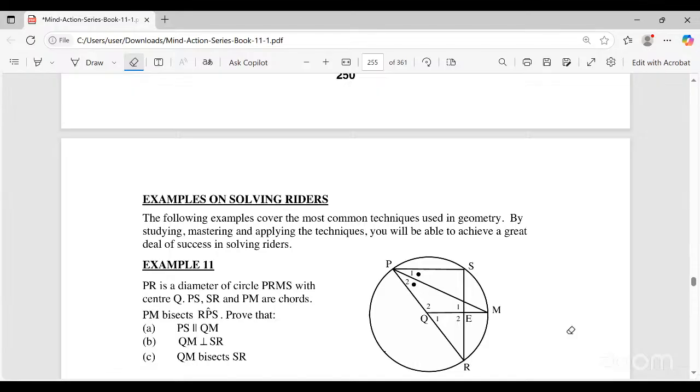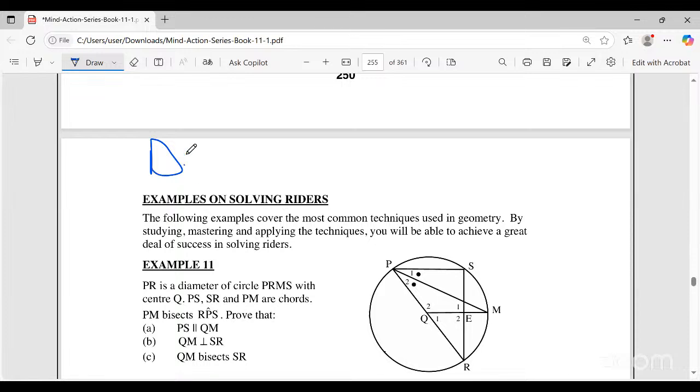So without wasting any time, guys, this is what I'm going to do first. PR is the diameter in the circle. Therefore, this angle right here will be 90 degrees. We've got the radius as well. This will be equal to that.